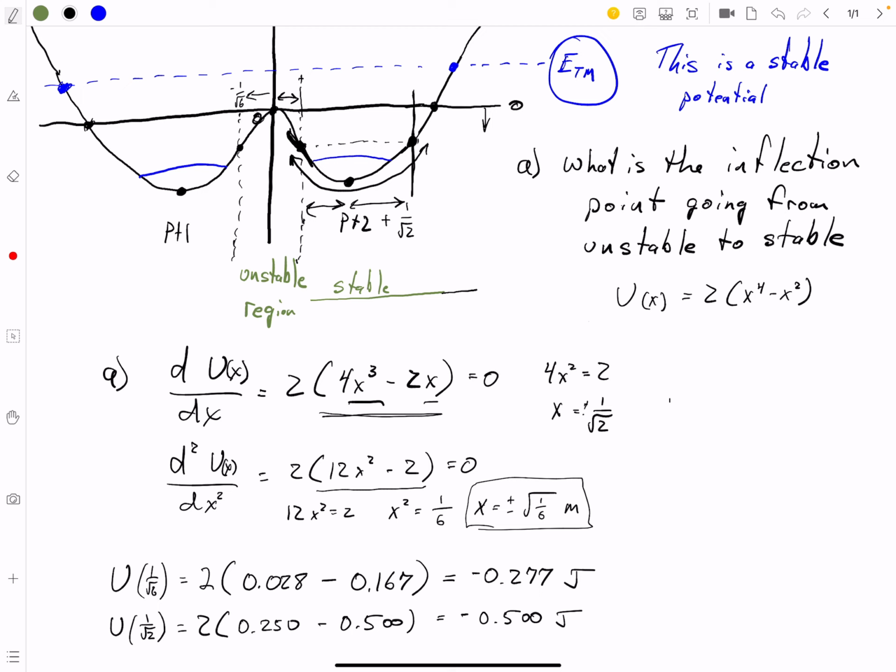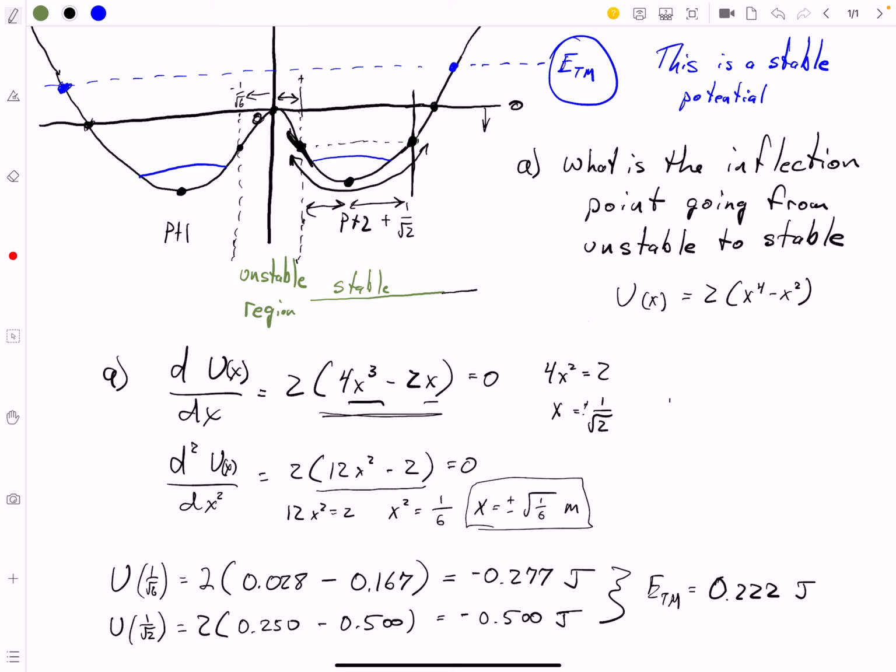Okay. So, nice, awesome. The difference is our ETM, so when we take a negative and subtract an even more negative, we get a positive. So our total mechanical energy is 0.222 joules.